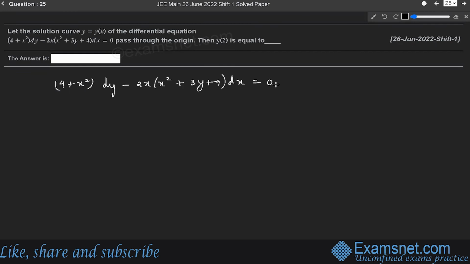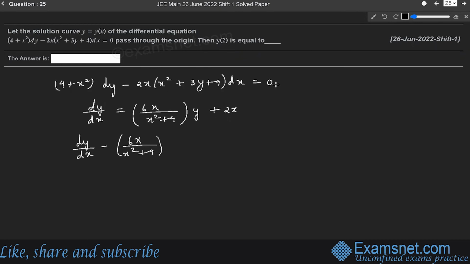So from this equation, we can write dy/dx = 6x/(x² + 4) · y + 2x. Therefore, dy/dx − 6x/(x² + 4) · y = 2x.